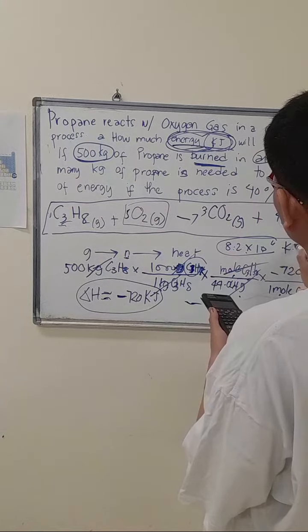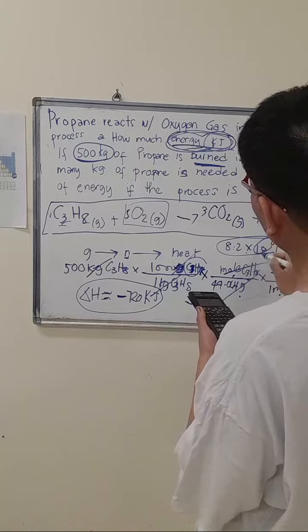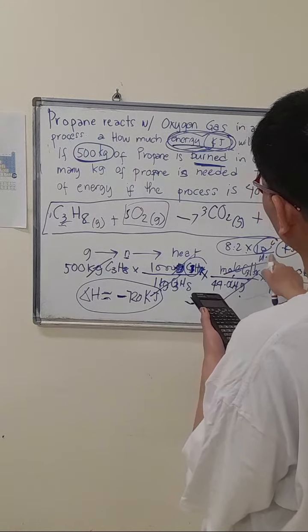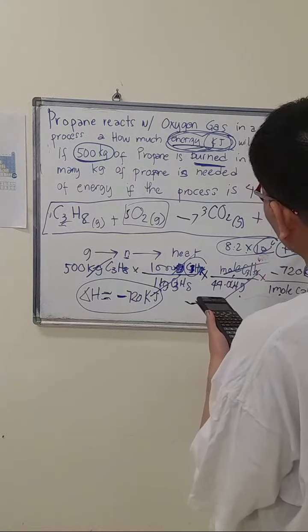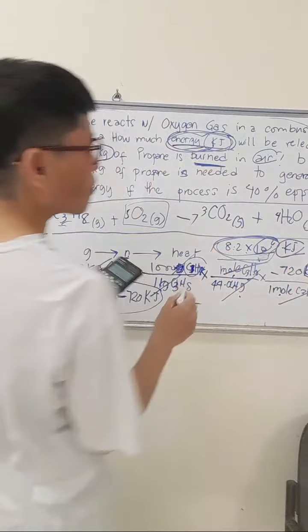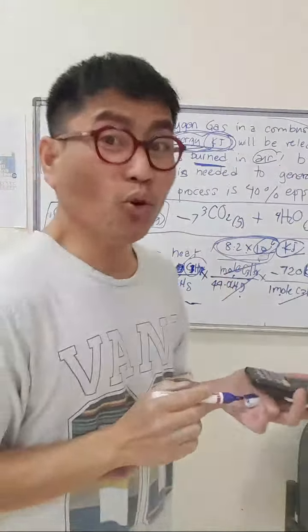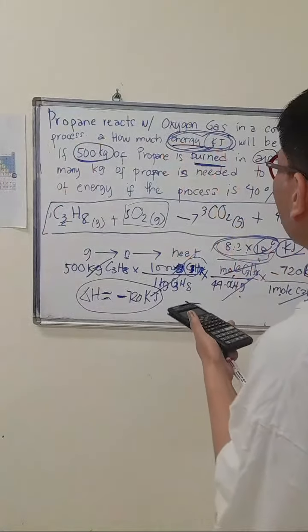We will just put the kilojoules here. Even though we know it is 10 to the 6 megajoules, we should not refer to this one. We will refer to the kJ only, and we need to write all the figures. You get the point? So like that, 8.2 times 10 to the 6 is the answer.